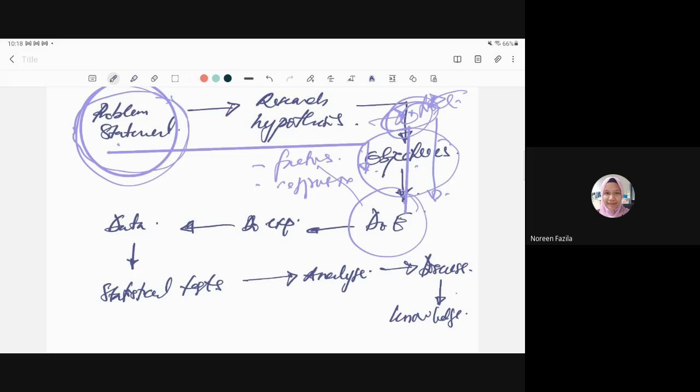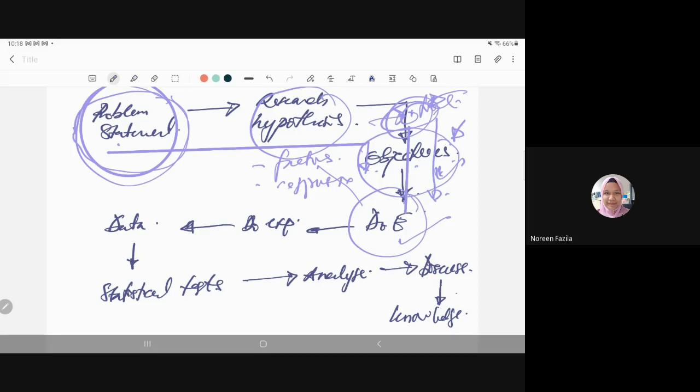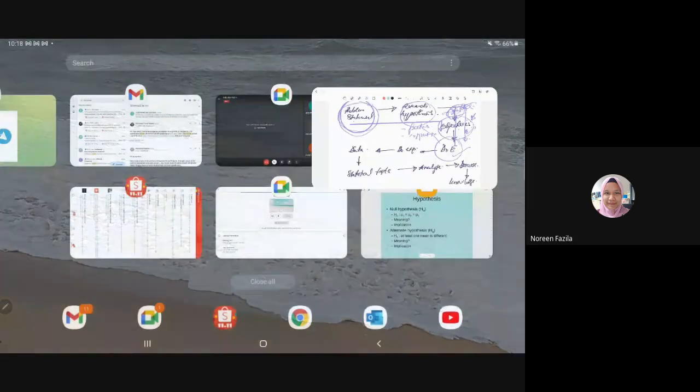So that when you have undergone this thought process, and you understand the problem statement and research hypothesis, then understanding the objectives will be easy, and rationalizing the DOE will be easy, etc.